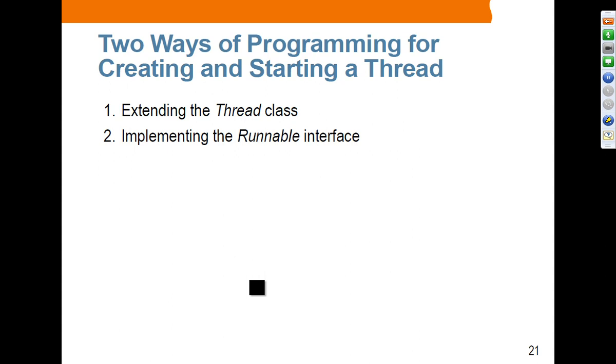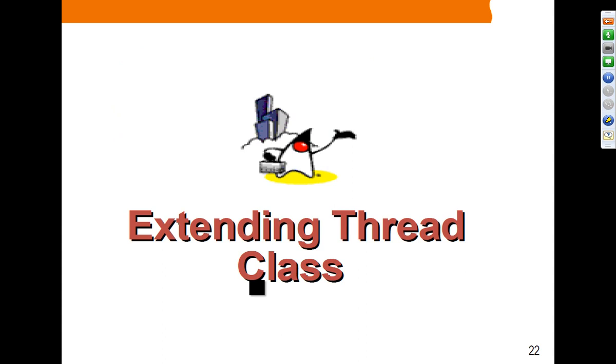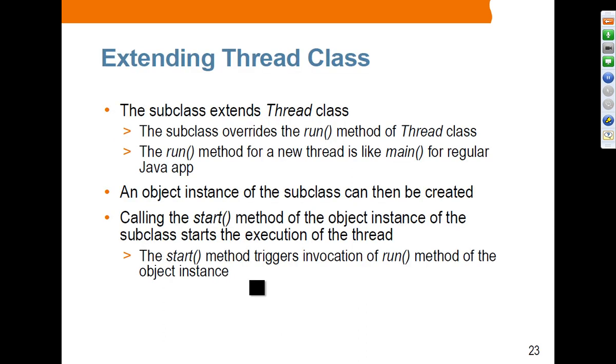So let's take a look at the first option, extending the Thread class. In this case, you are creating your class brand new, meaning your class does not extend any parent class, so you should be able to extend the Thread class. Once your subclass extends the Thread class, you have to provide the run method implementation.